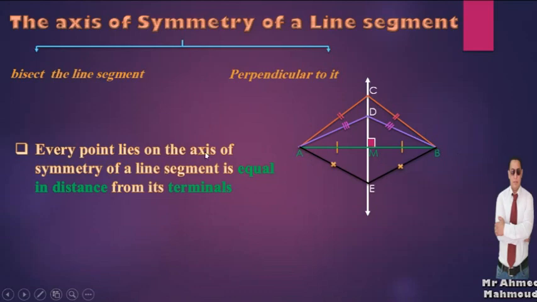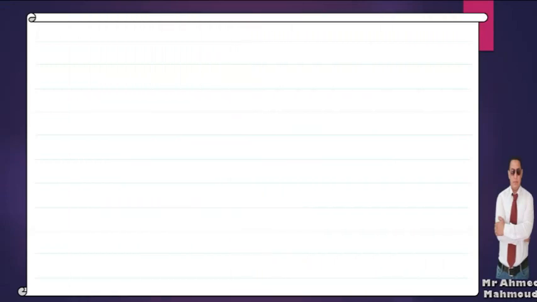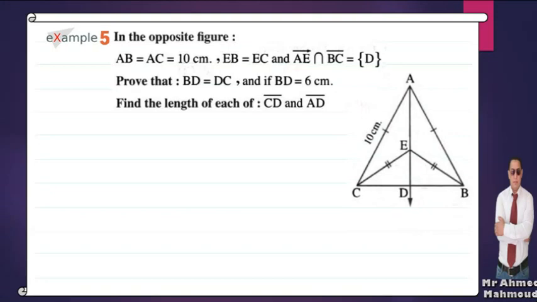Okay, let's solve the next one. Here we have example 5. In this example, as we see here, AB equals AC equals 10 centimeters, and EB equals EC. AE intersects BC at D, as we see.